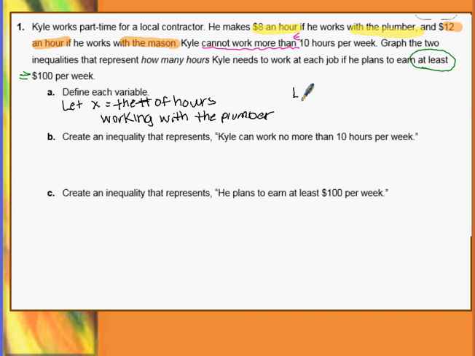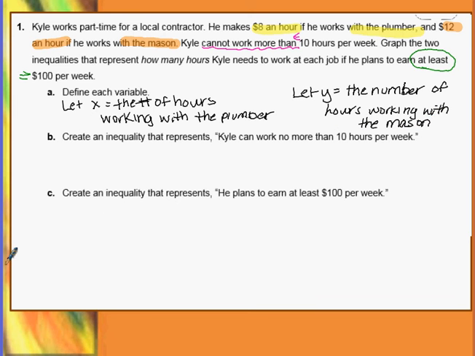And then we can let y equal the number of hours working with the mason.